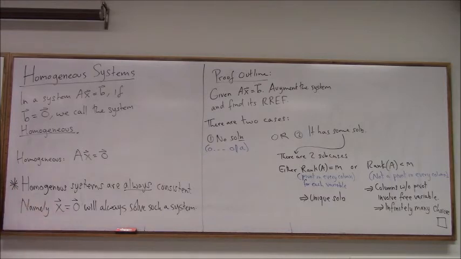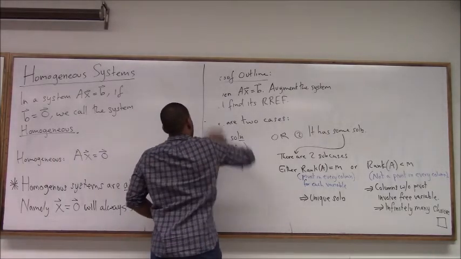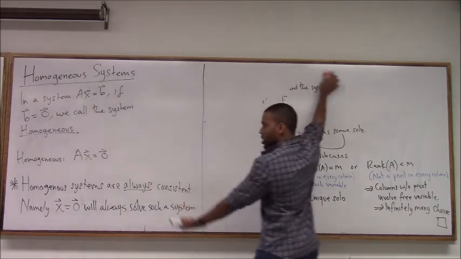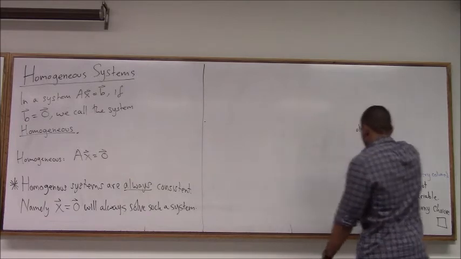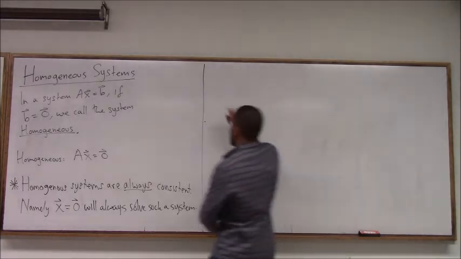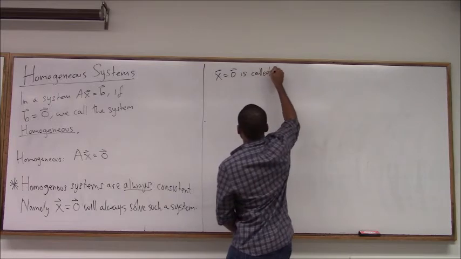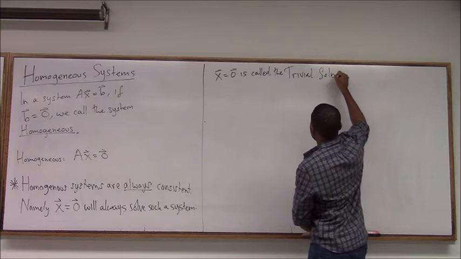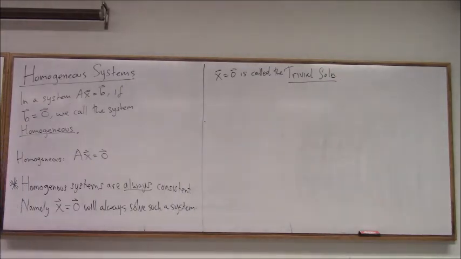That's definitely a solution. It might have other solutions, but that's the easy, brain-dead one that you don't have to think about. You definitely know it's there. So X equals 0 is called the trivial solution. It's very trivial. Obviously, that's a solution.